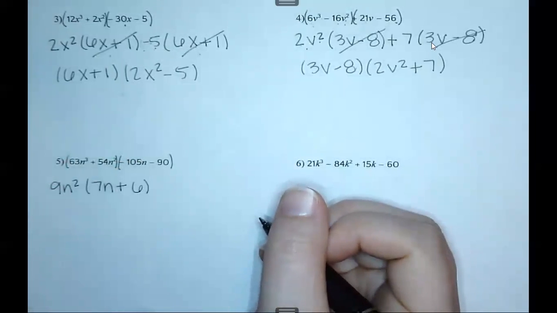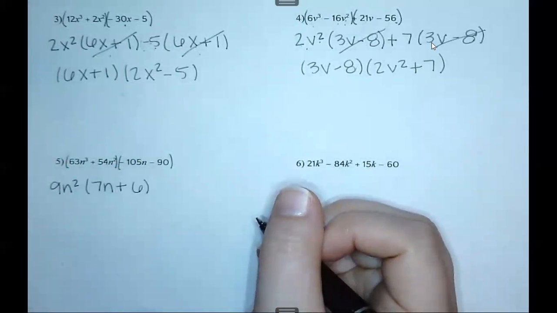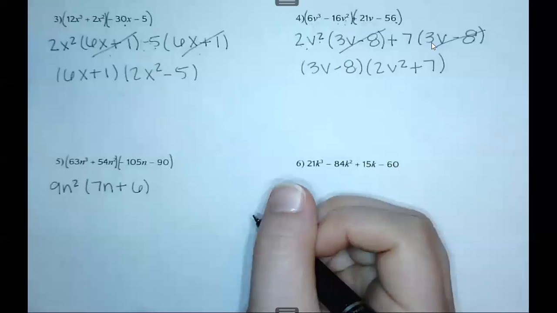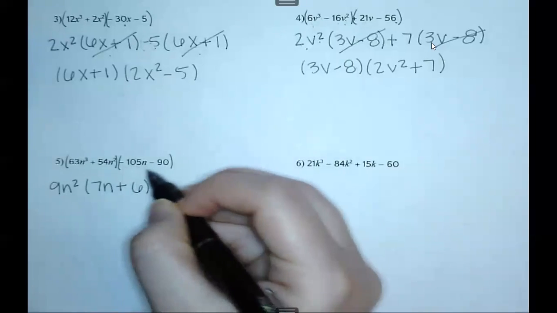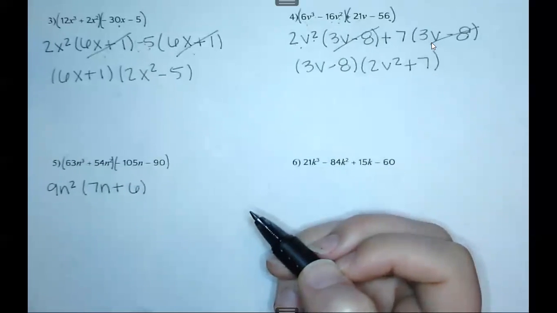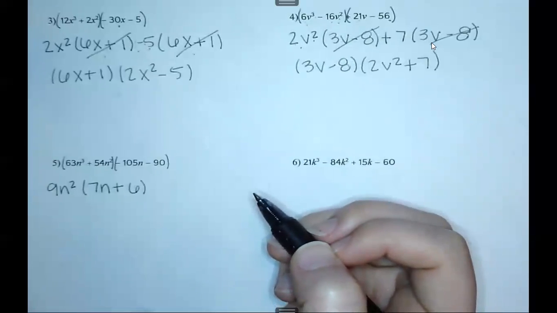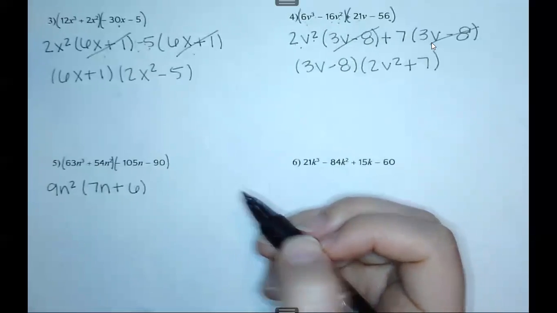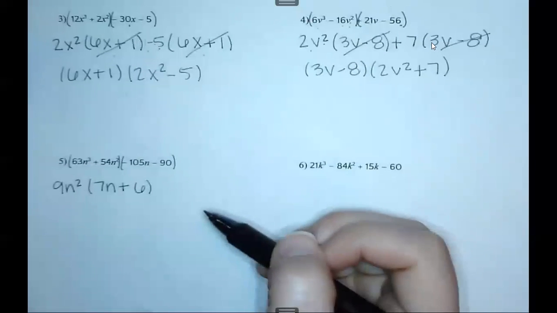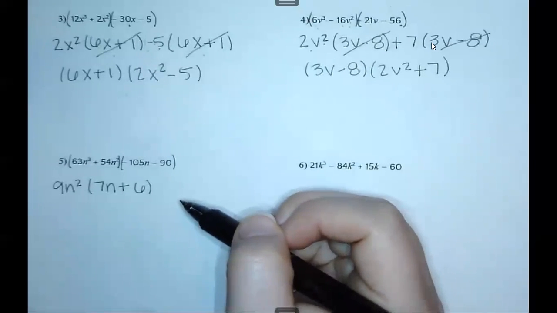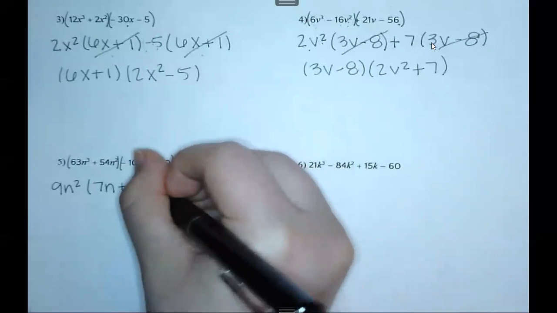All right, now in our second group, looking for the biggest number that goes into negative 105 and negative 90. Well, we know they're both divisible by 5, right? Because we got 5 and 0. But we're probably looking for something bigger than that. 10 won't go into both because this does not end in a 0. So our next best option is 15.